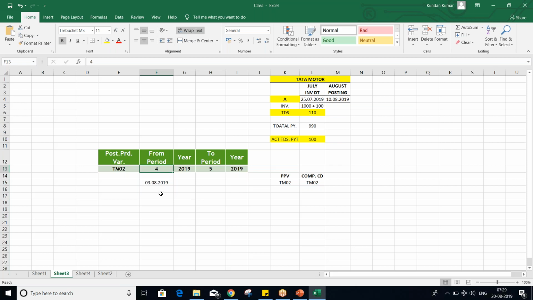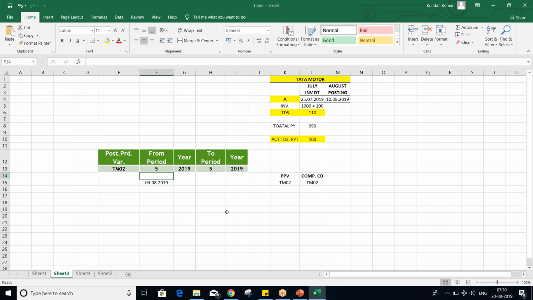But once it becomes 4th of August, then what is happening? July period is going to be closed. Now there is no more entry accepted in July period. If anybody has to post a transaction in July period, then this period needs to be opened again.